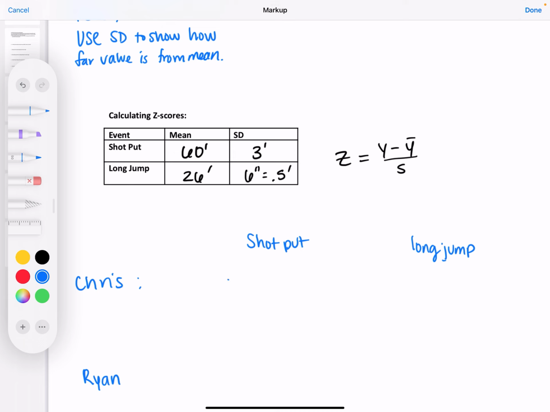So, what is the formula filled in for shot put for Chris? It'll be 63 minus 60 over 3, which is just going to end up being 1. So he's 1 standard deviation above the mean.